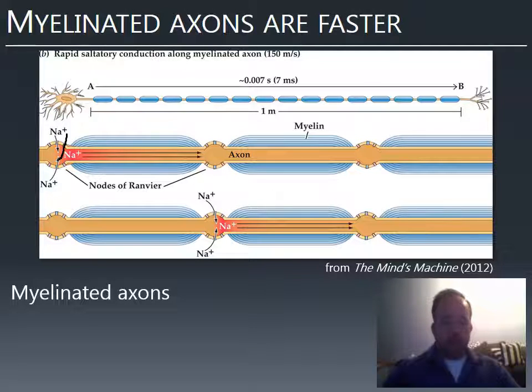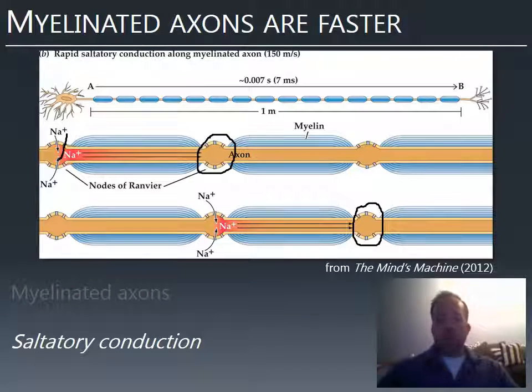And so what does that do? It concentrates that positive charge until it gets to the next node, and now that's going to open up all these other sodium channels. Again, sodium will come rushing in, and that'll propagate down to the next section of the axon. So by insulating these intermediate portions of the axon, it really makes that change in charge travel that much faster.